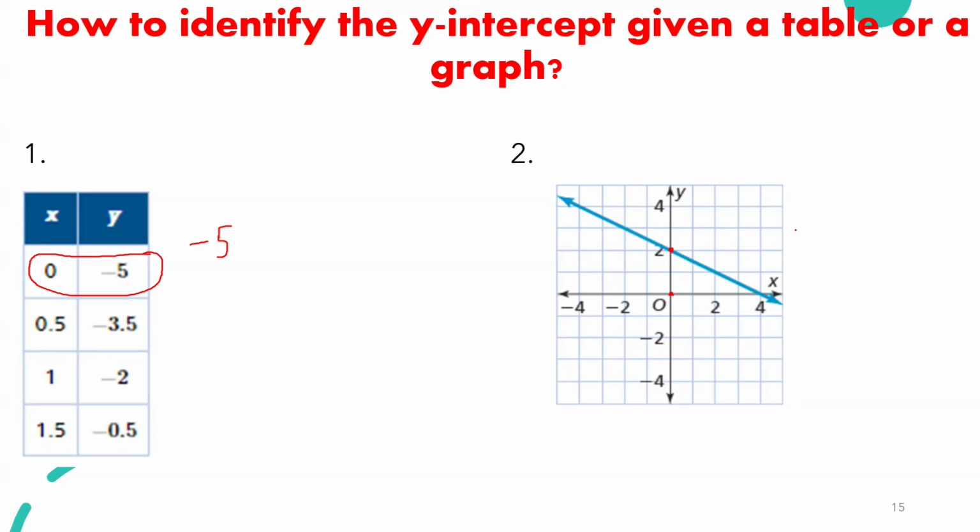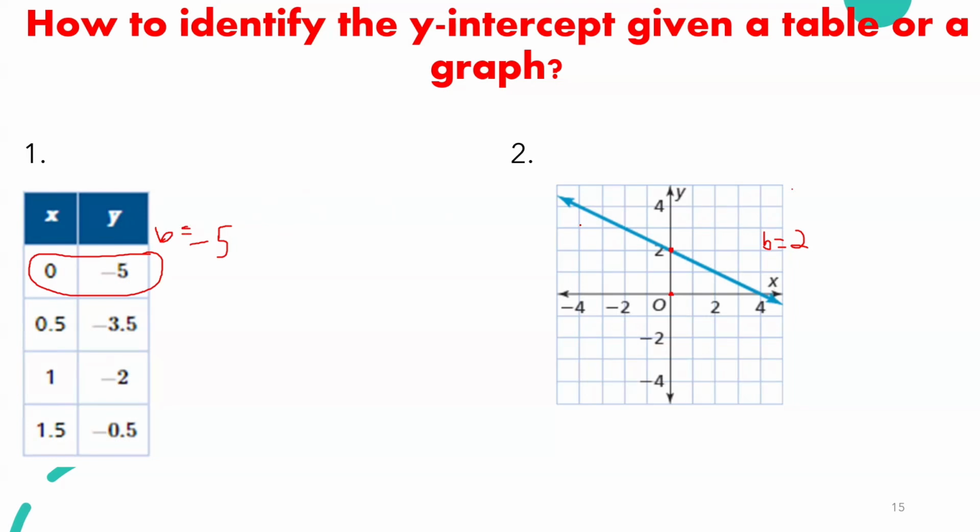It crosses it at 2. So my y-intercept, which is the same thing as b, is equal to 2. Let me just write it over here again. b is equal to -5. So b is used to denote the y-intercept.